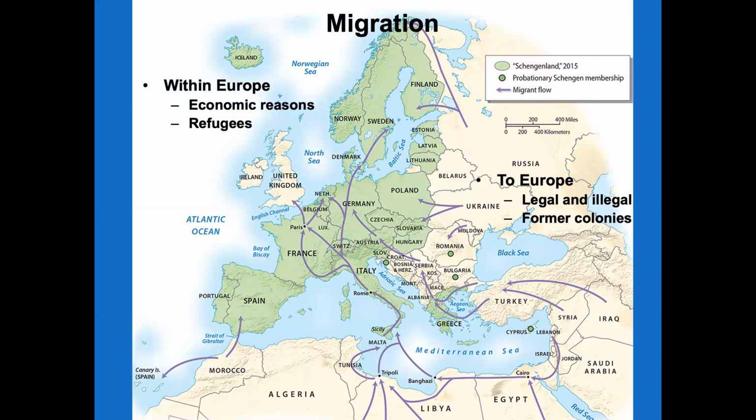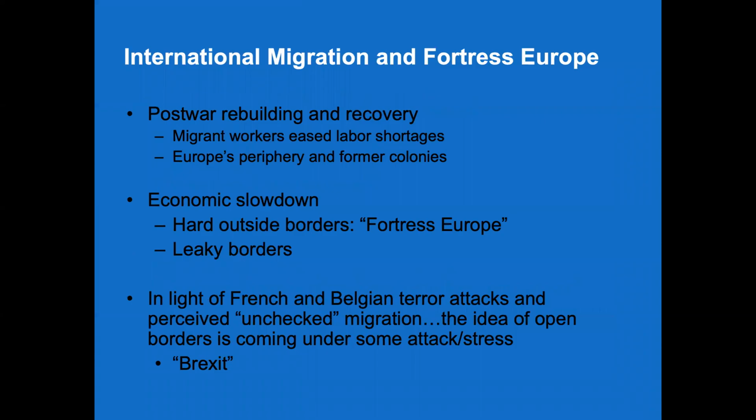Migration, of course, you have to think about legal migration and illegal migration, whether it be from former colonies in Africa or what happened in 2015 with migration out of Syria through Turkey into Greece and then the rest of Europe. So economic reasons and refugees.